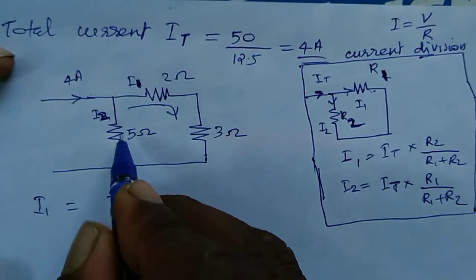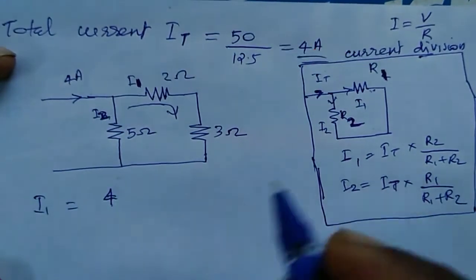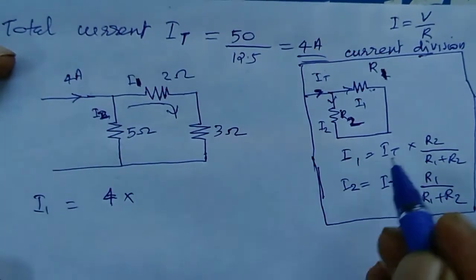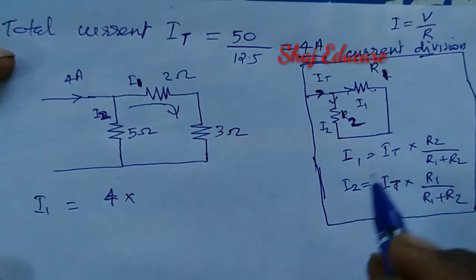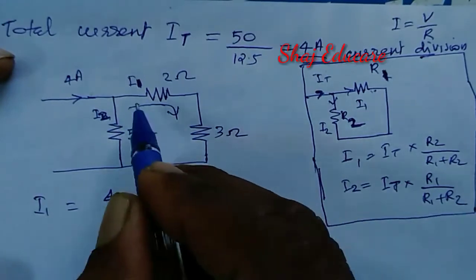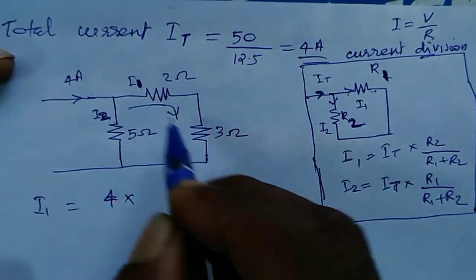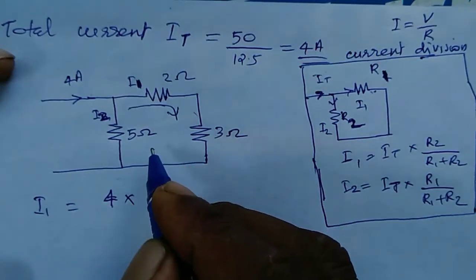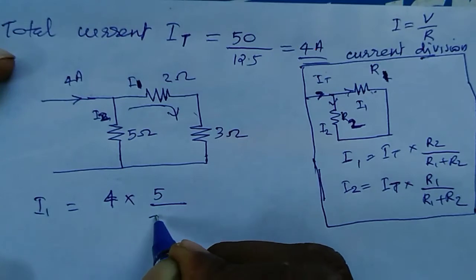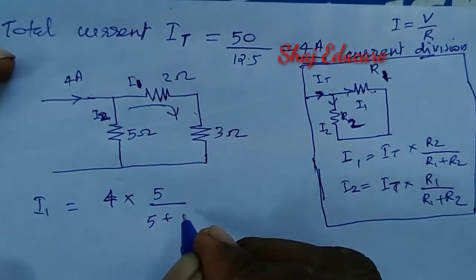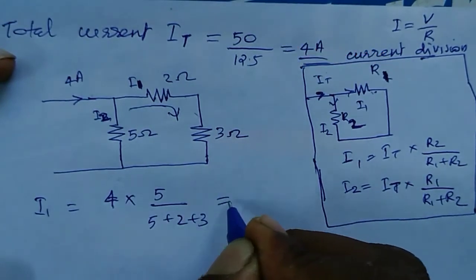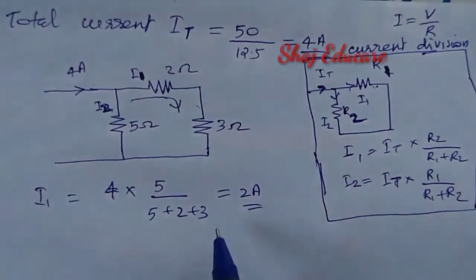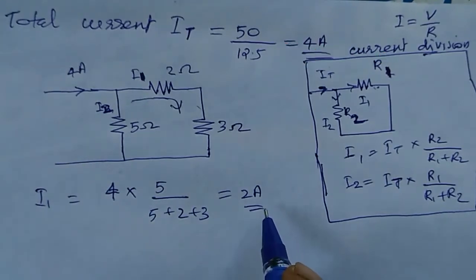The total current IT is equal to 4 ampere here, so 4 into 5 ohm divided by the total resistance in this loop, which is this 5 plus this 2 plus this 3. That will be the current flowing through this branch, and the value obtained is 2 ampere.